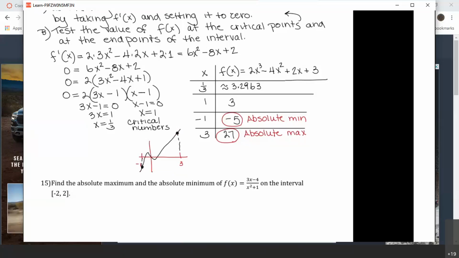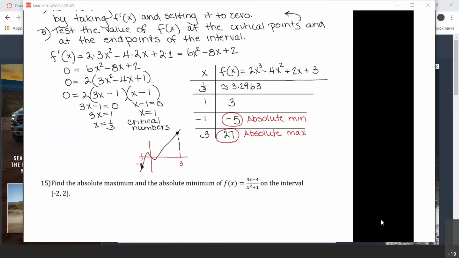You've got to test the endpoints. Okay, how about this? Questions? Any questions on 14? Questions on 14? Sense?